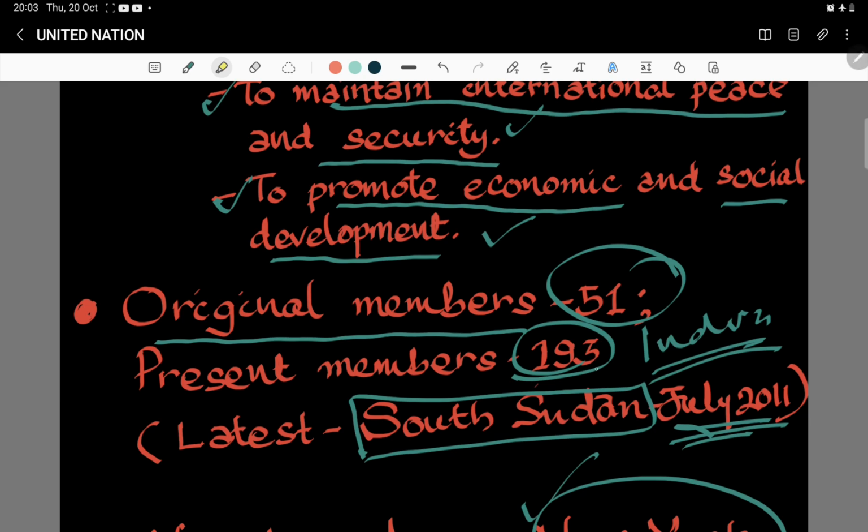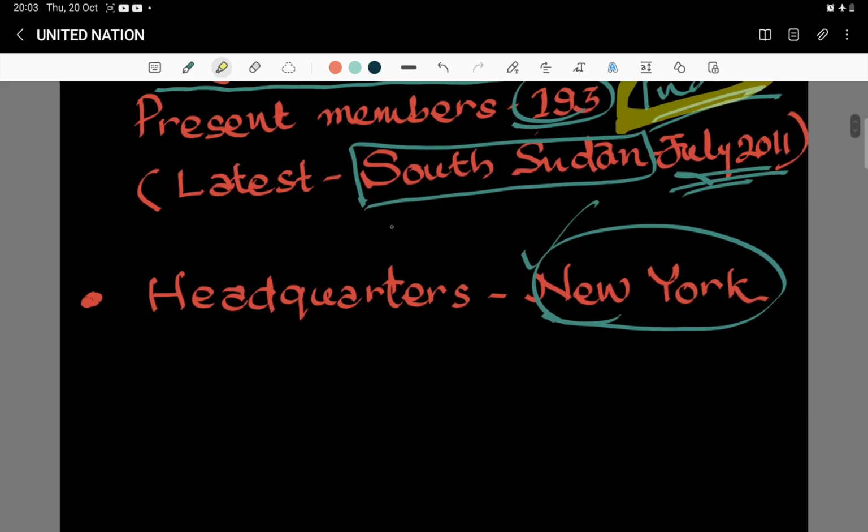Currently, there are 193 members in the United Nations, and India is also a part of it. There were 51 members who signed the United Nations Charter document.